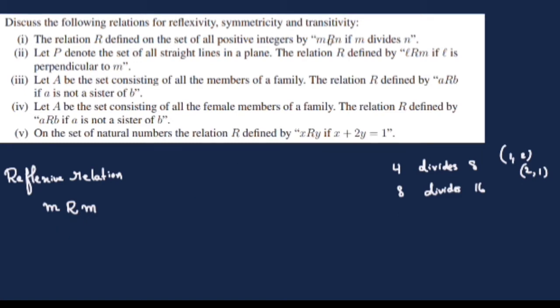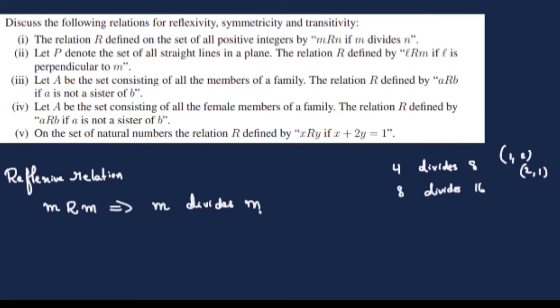Now what is the relation defined here? If M divides N, can you say M divides M? Take the example here: 4 divides 8. Can you say 4 divides 4 itself? Yes.